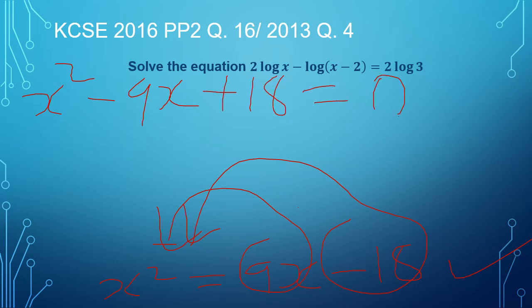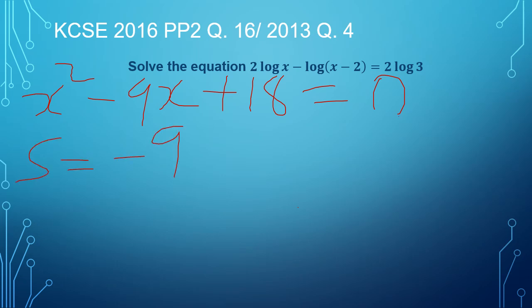Then from there we solve the equation. So I'll use the factor method. You can use the quadratic formula. So here you ask yourself, the sum is negative 9. Two terms, when we add we get negative 9. When we multiply the two terms we get 18. So you can see the terms are either 6 or 3.